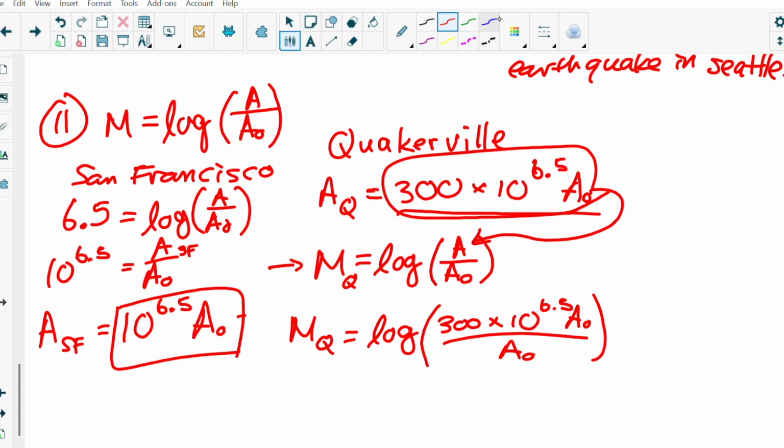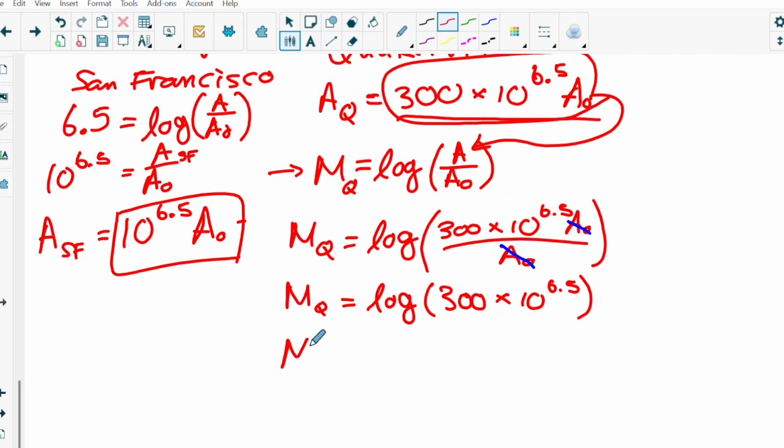Okay, so the A naught values will divide out to 1. So what am I left with? Magnitude of the Quakerville earthquake is equal to the log of 300 times 10 to the 6.5. Okay, evaluate that, and what do I get? The magnitude of the Quakerville earthquake is 8.98.